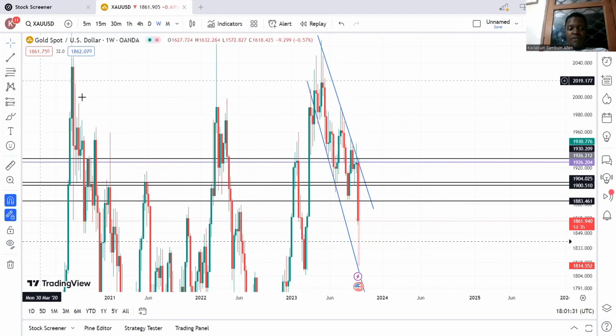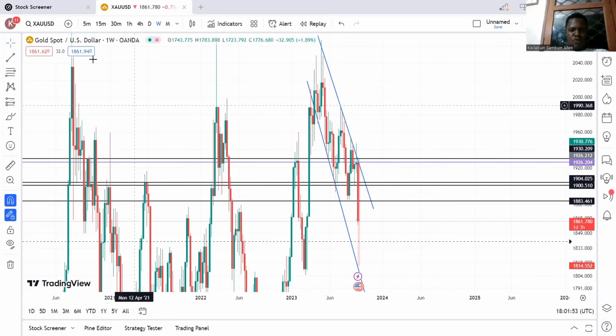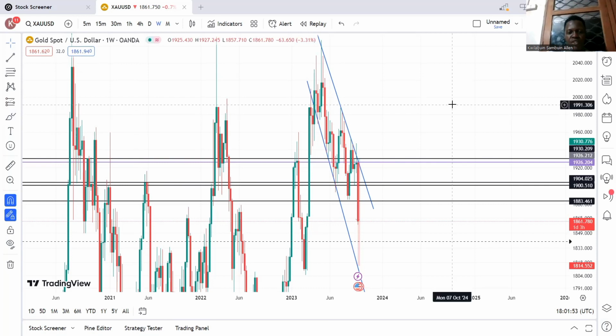If I zoom in, you're going to see gold in a very strong bullish impulse. But what changed the price of gold is these repeated rejection candlestick patterns on the higher time frame. They show that gold is not going to go further bullish, but is reversing to the downside.